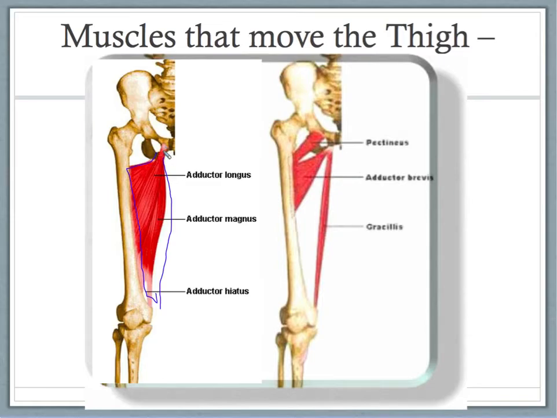The longest muscle is just this short little guy here. Short being small, not short. It's the longest of your adductors as far as initial insertion point. Your magnus inserts here, your brevis inserts up here. And then your gracilis is this guy here that goes all the way down and inserts along your knee.